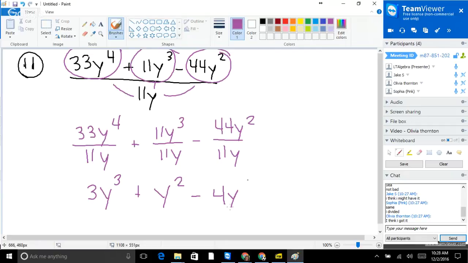Okay, so now can I do anything to this equation? Nope, that's right. You can't do anything because we've got a y cubed, a y squared, and a y, so they're not like terms. So this is going to be the simplest that we can get. So if you got 3y cubed plus y squared minus 4y, then you got it.